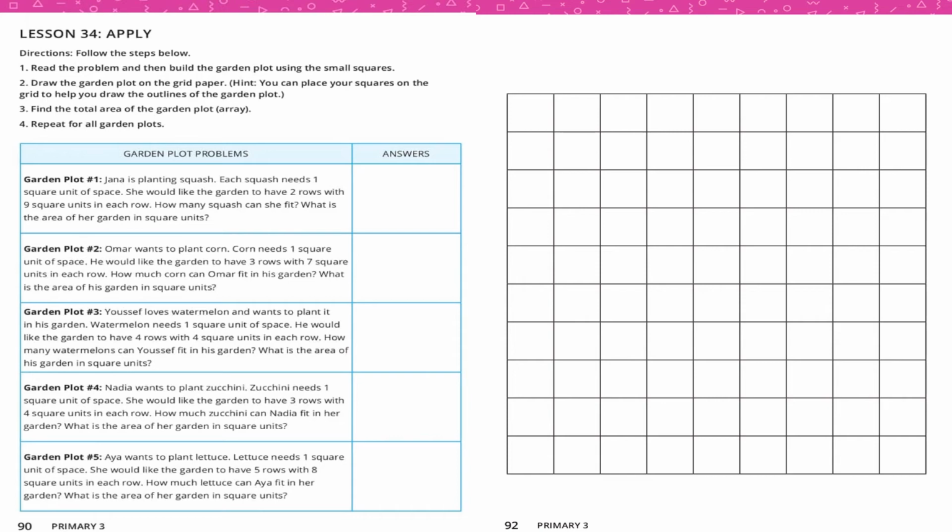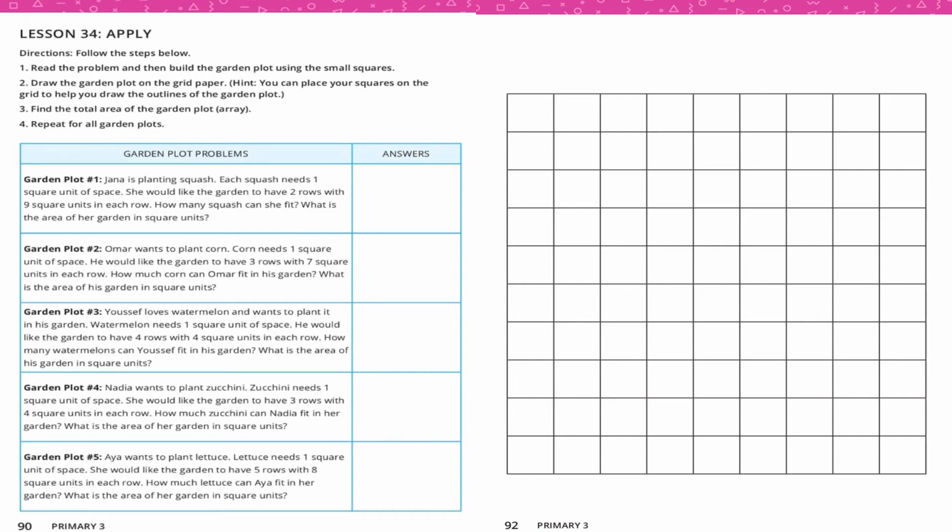Each squash needs 1 square unit. She would like the garden to have 2 rows with 9 square units in each row. So we have 2 rows, and inside each row we have 9 square units.